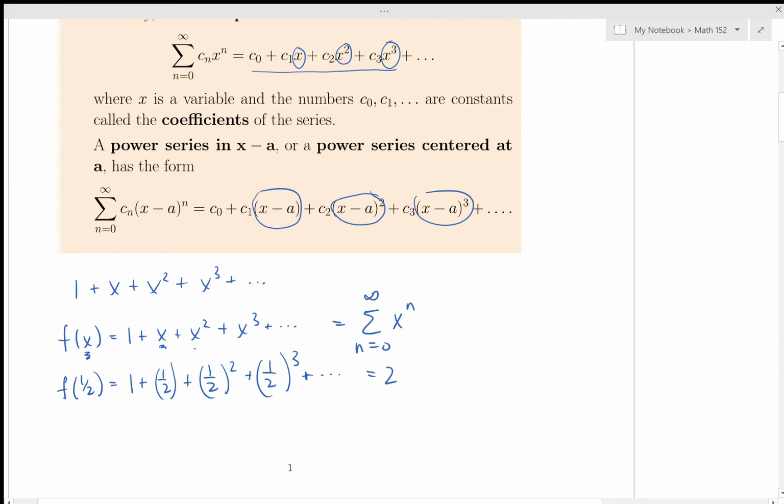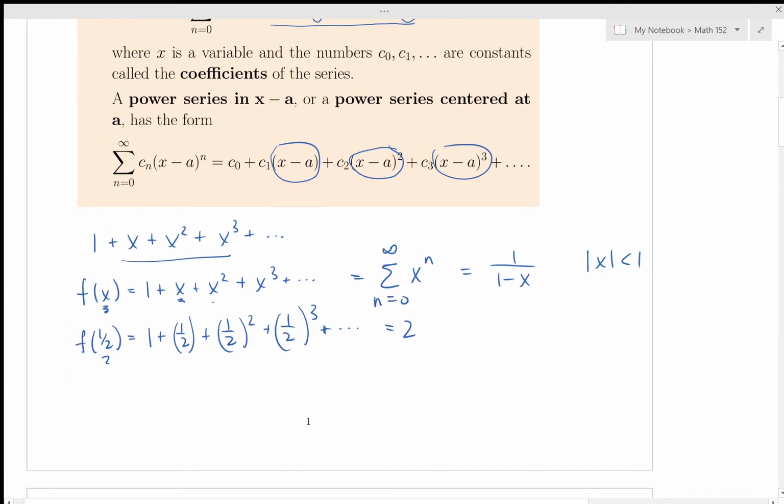Okay, and so we could see the function like this, or we have learned, in fact, that this particular power series here is the geometric series, and I could write this as 1 over 1 minus x, and we know that it converges when the absolute value of x is less than 1. So I picked a value of x for which it converges.